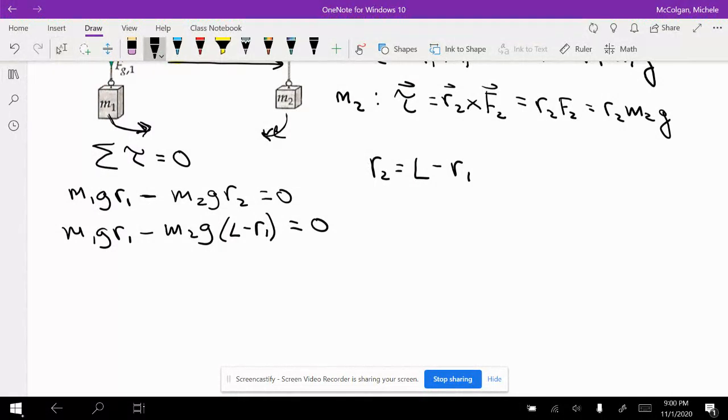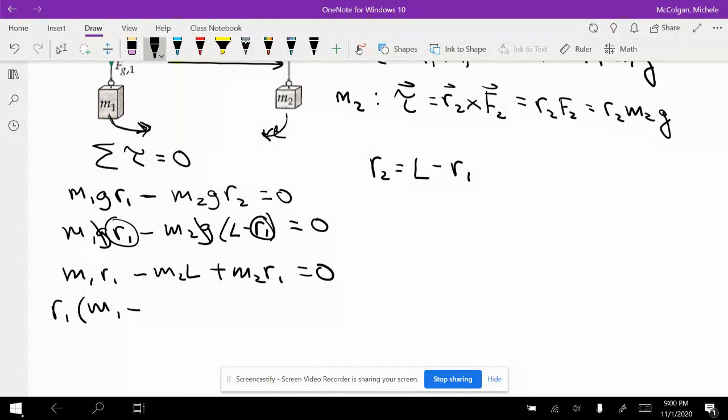Now G is in both of our terms, so I'm able to factor that out and cancel it. I want to combine my R1s, so I'm going to have M1 R1 minus M2 L plus M2 R1 equals 0. I'm going to factor out R1: R1 (M1 plus M2) minus M2 L equals 0.